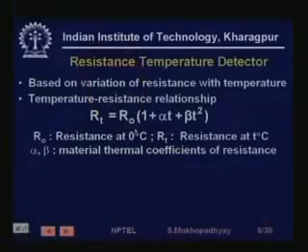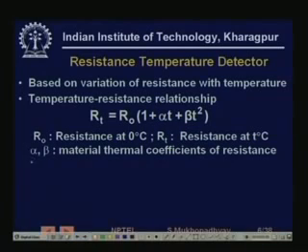So if the resistance at some temperature T0, in this case assumed to be 0 degree centigrade, is R0, and small t is the temperature difference between T0 and the temperature at which you want to know the resistance, suppose it's capital T, then this is a special case where R0 is assumed at 0 degree centigrade.